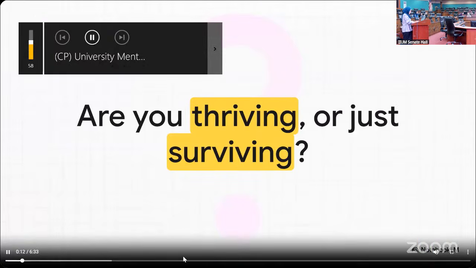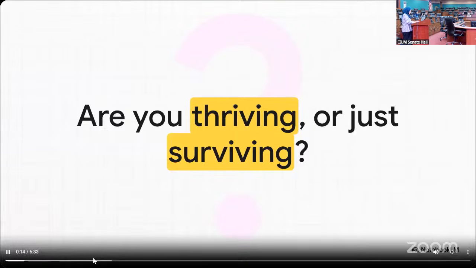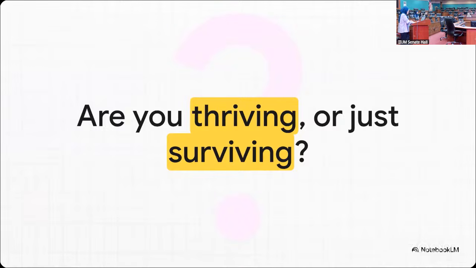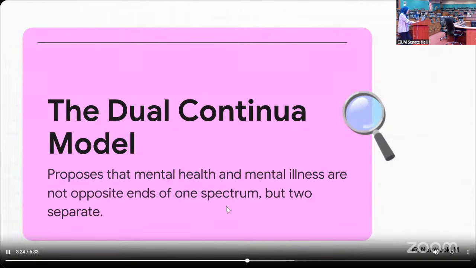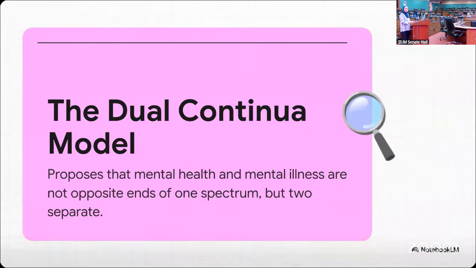So I want to start by asking something, just straight up. Right now, are you thriving, or are you just surviving? It sounds like a simple question, but trust me, the answer to that changes everything about how we think about mental health. Yeah, honestly, it's called the continuum model. What it says is that mental health and mental illness are not opposites on the same line. No, they're two totally separate, distinct things.